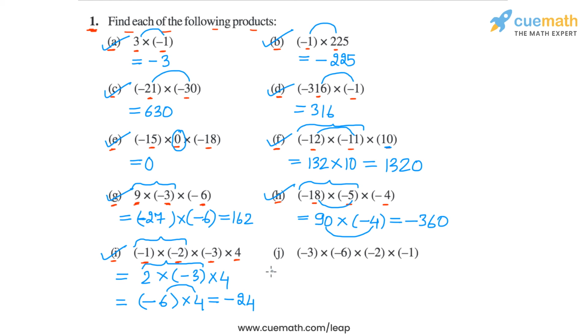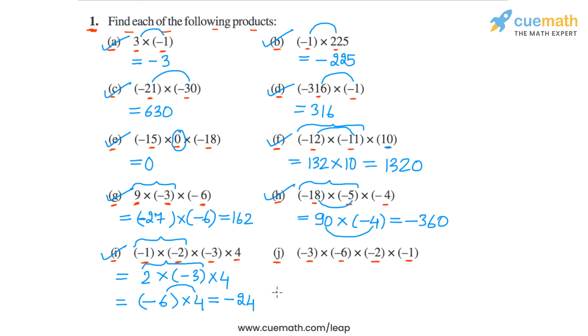And then finally in part J, we have the product minus 3 into minus 6 into minus 2 into minus 1. We can do the same thing we did in the previous part, multiplying starting from the left side, or we can also note that there are 4 negative integers. The number of negative integers is even, hence the eventual product will be positive.